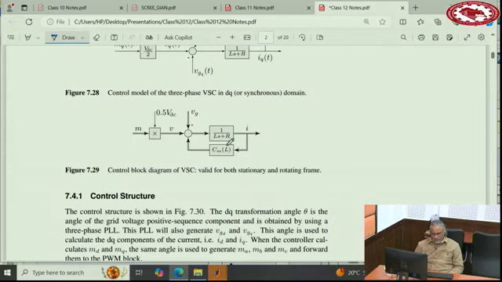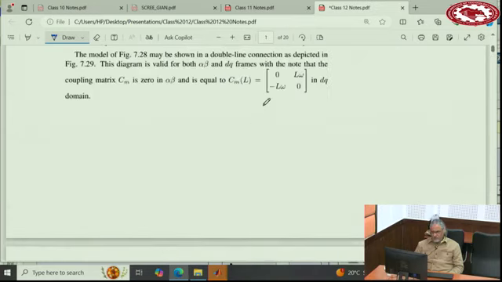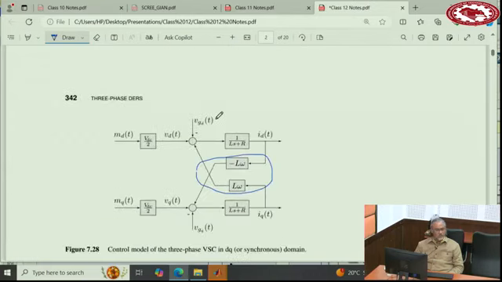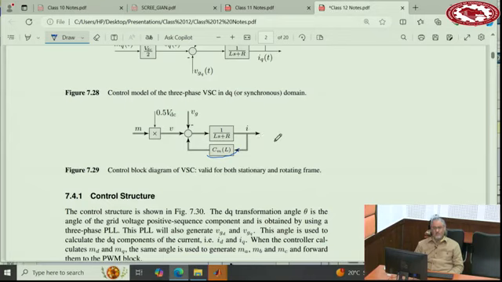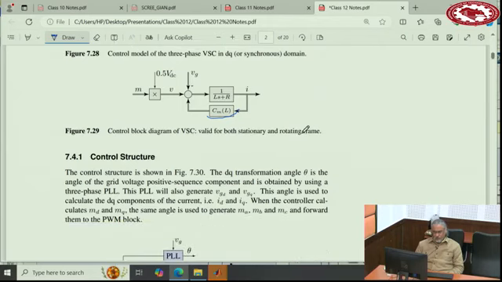And if you put this Cm equal to this matrix here, now this represents the dq domain. So this representation is valid for both alpha beta and dq depending on whether Cm is 0 or this given matrix. So basically there is a coupling between the two channels.